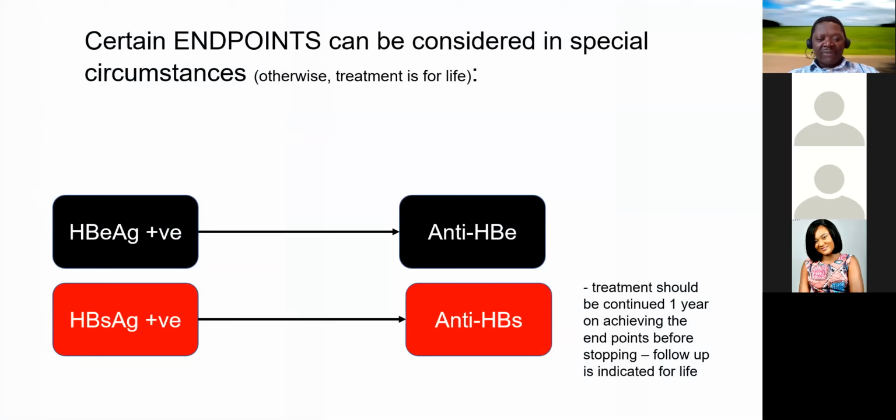If they have a surface antigen, of course, which is the definition of the infection, at the beginning of treatment and they seroconvert to an anti-HB surface antibody, then you can consider stopping treatment for them. But in either case, you must ensure that they actually remain with anti-HBe or anti-HBs for as long as 1 year of treatment before you stop. Okay, so those are the scenarios where you can consider this.